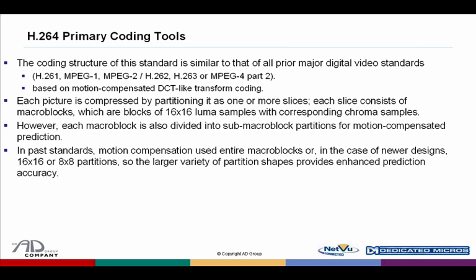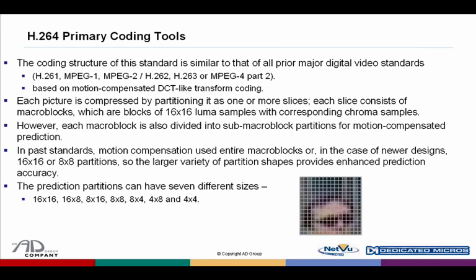That compares with other standards where we were more or less fixed to either a 16 by 16 pixel or an 8 by 8 pixel block in terms of motion prediction. Being able to break the picture down in H.264 into a greater range of sub-macro block sizes gives us improved accuracy in our motion compensation, but at a processing cost.